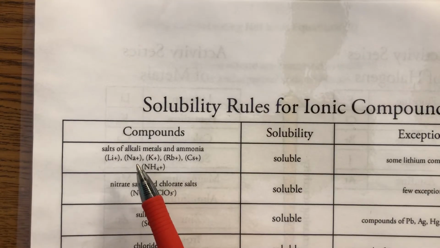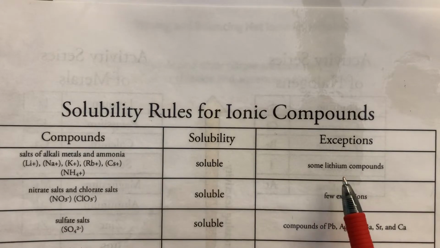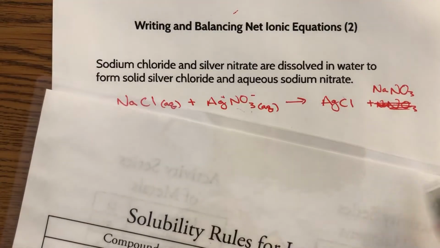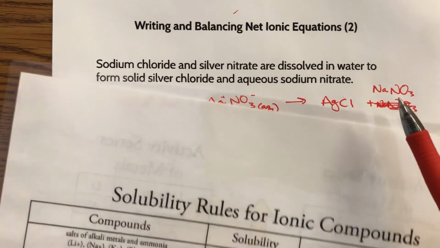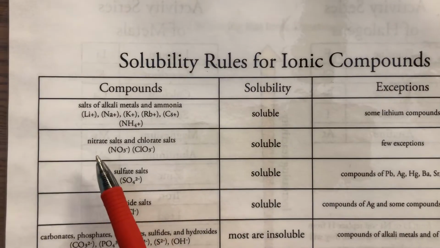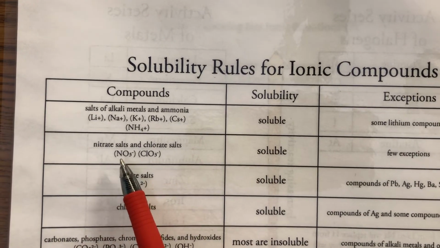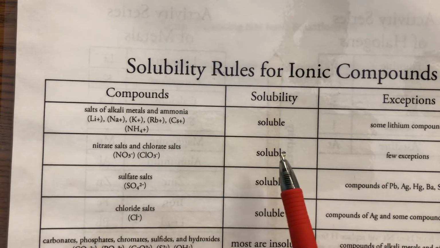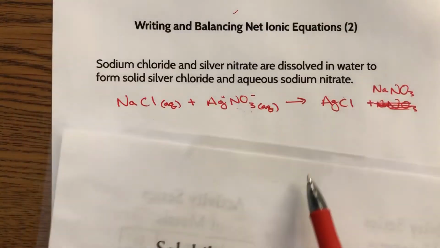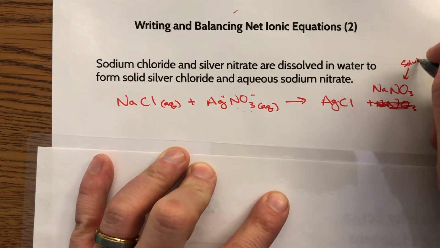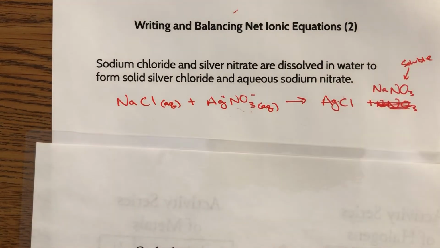Sodium is soluble except for some lithium compounds. So sodium is most likely going to stay in solution and be aqueous. And for nitrate salts, NO3 is going to be soluble. It's going to stay in solution. So this one is most likely soluble.